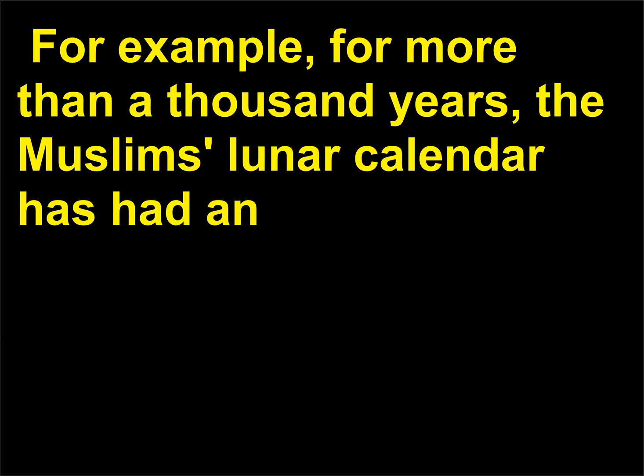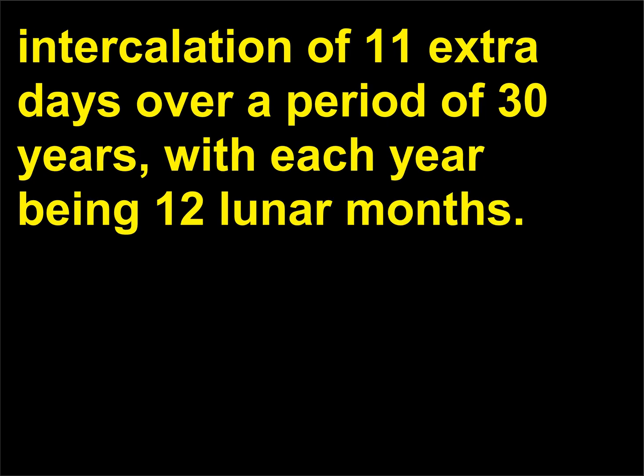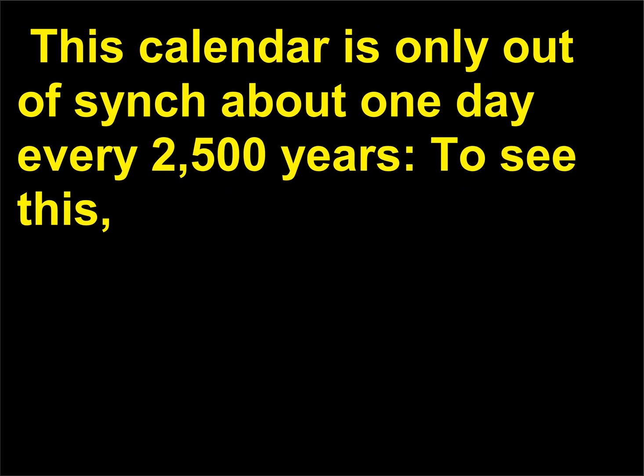For example, for more than 1,000 years, the Muslims' lunar calendar has had an intercalation of 11 extra days over a period of 30 years, with each year being 12 lunar months. This calendar is only out of sync about 1 day every 2,500 years.